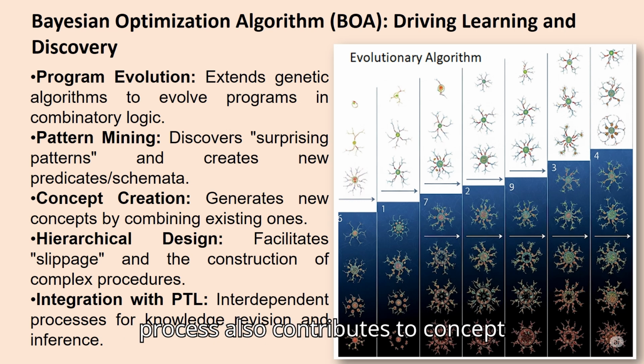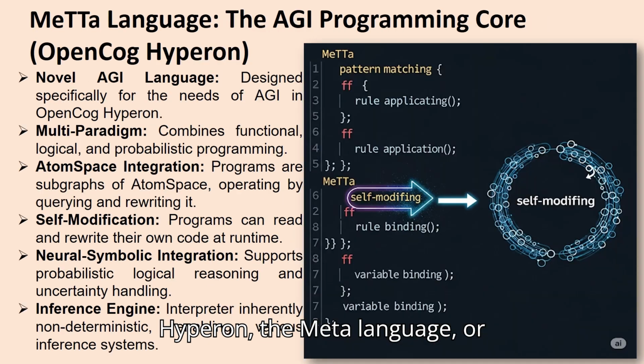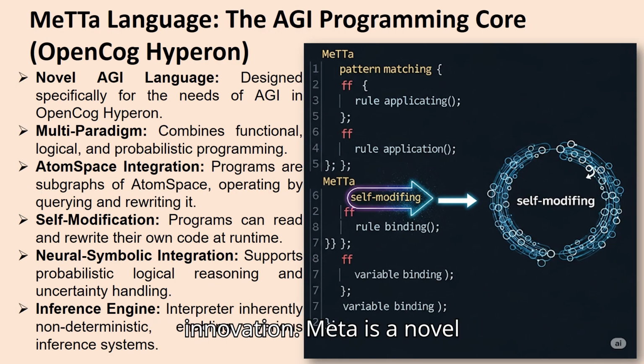This process also contributes to concept creation and the development of hierarchical cognitive structures, including a mechanism called slippage for intelligent concept substitution.